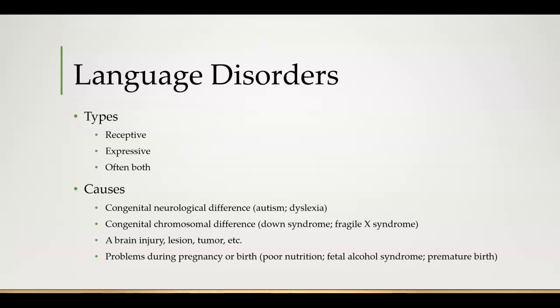You can sustain a brain injury or develop a brain lesion or tumor from a disease. And if those injuries or lesions are at the site of those language centers, language will be impacted. Also, stroke, right? Everyone probably knows of someone who's had a stroke and then had to have language therapy or speech therapy to regain what was lost.